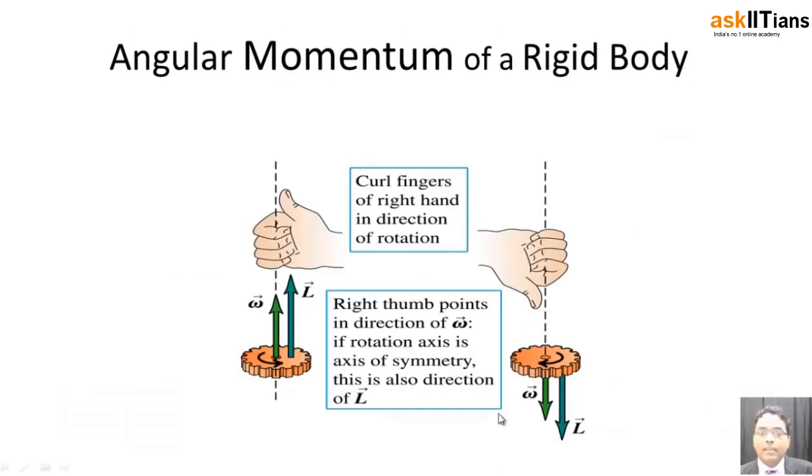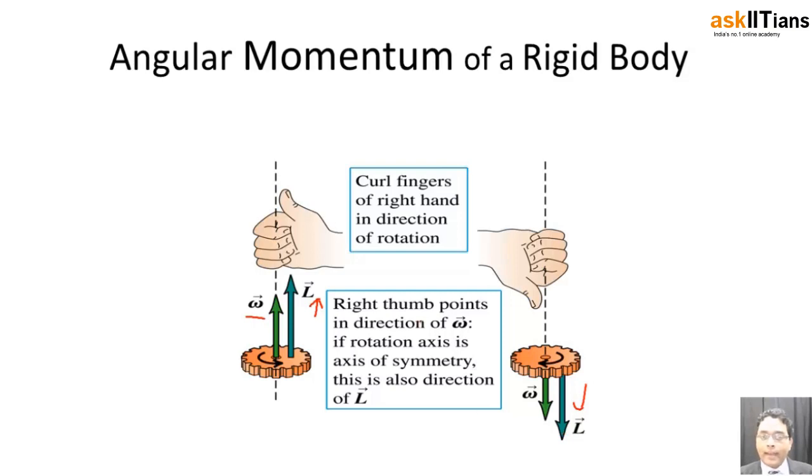Going further, as we discussed in the case of torque, when the omega value is moving in a clockwise direction, the angular momentum is going to be upwards by this rule, and similarly when omega is moving in an anti-clockwise direction, the value of L goes down.